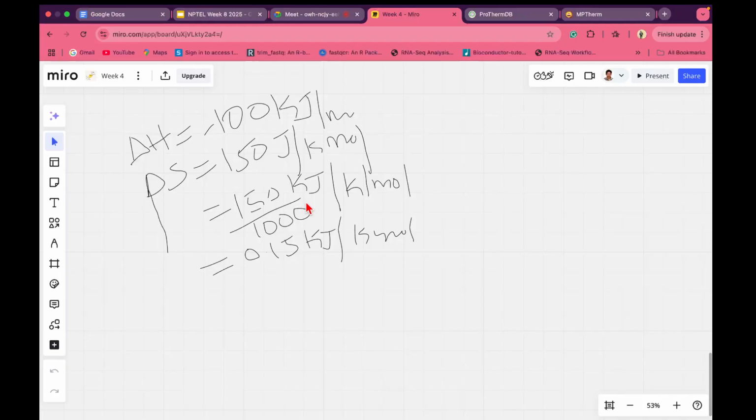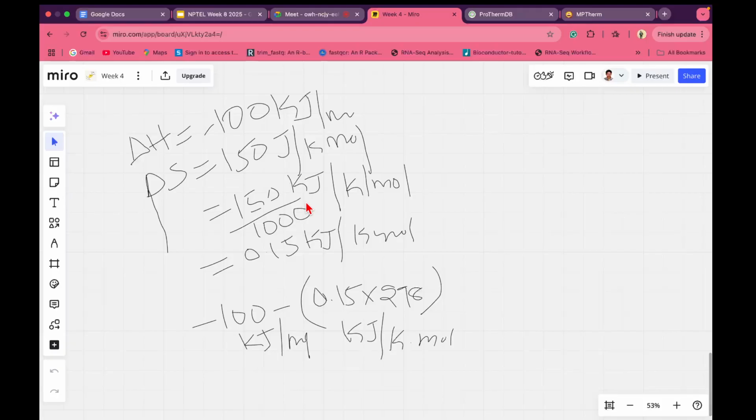So now let me add this into the formula, that is minus 100 minus 0.15 kilojoule per mole, I'll write this at the last, into 298. So here we have kilojoule per Kelvin per mole into Kelvin. So Kelvin gets cancelled.